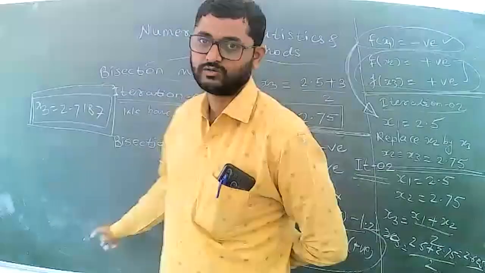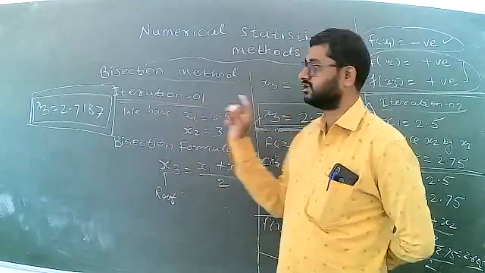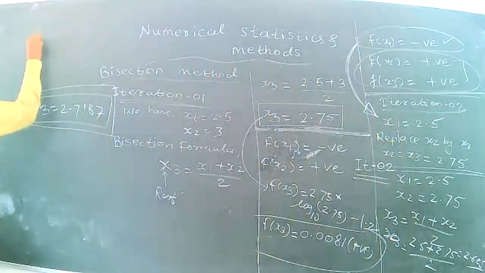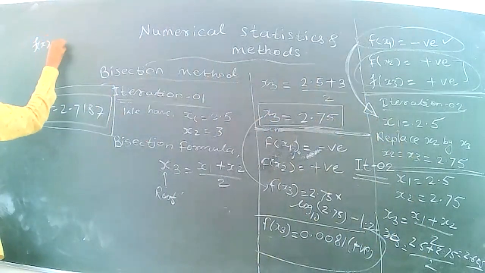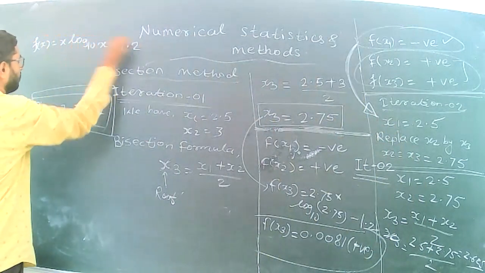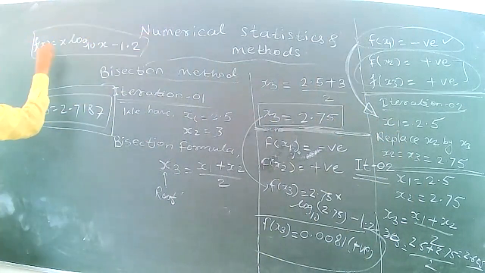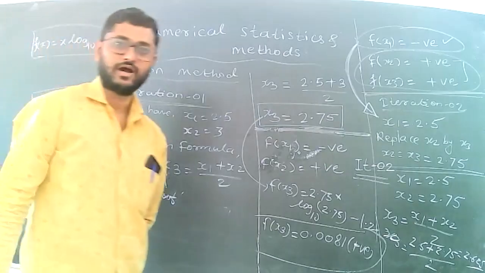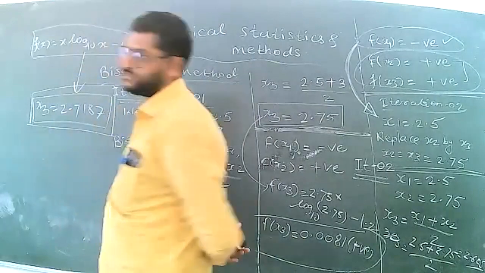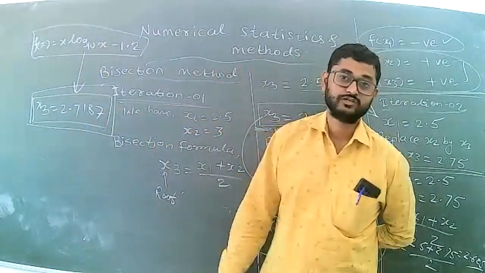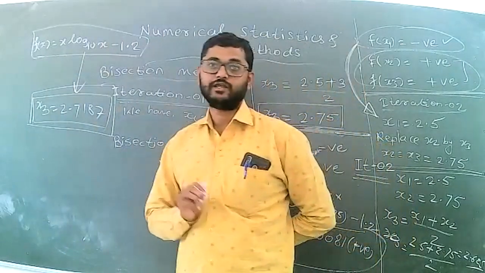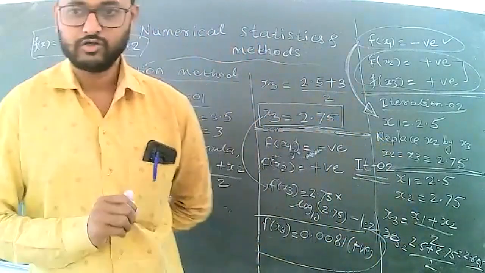So 2.7187 is the root of this equation. Which equation? The equation f of x is equal to x log x minus 1.2. For this equation, by using the bisection formula, we find the root as 2.7187. So this is a numerical based on the iteration criteria of the bisection method.